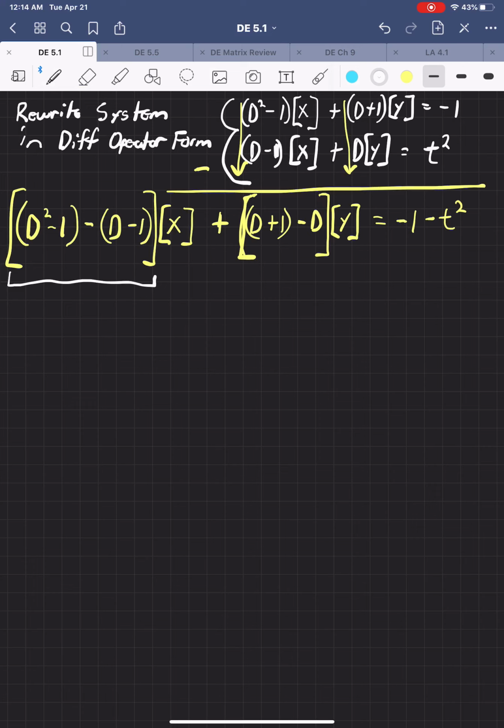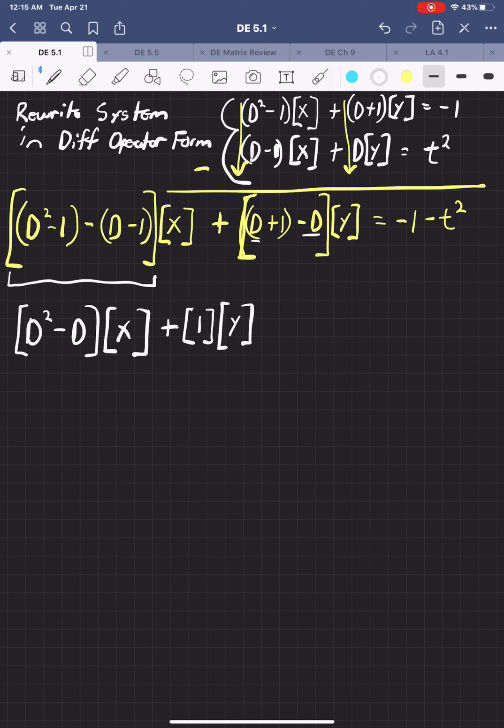So that would just simply be D squared minus D of x, and then plus, well, you notice that you're taking a derivative and then canceling your derivative by the opposite of the negative derivative of t. So with respect to t, that ends up just being 1. So 1, which is a function of y.